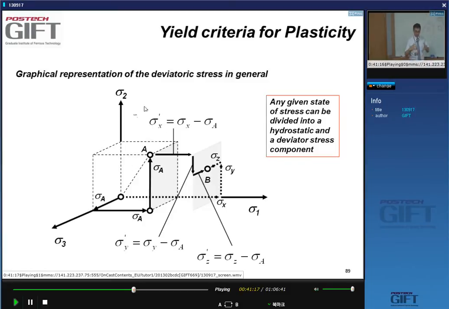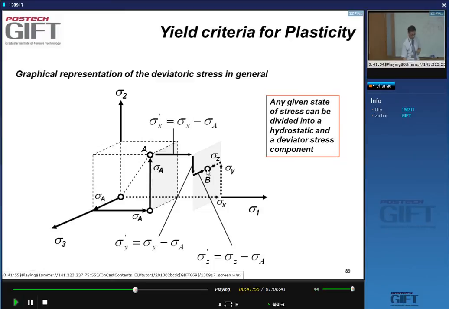And then I have a deviatoric component, sigma x prime, which is sigma x minus sigma average along the X direction, a sigma y prime along the Y direction, and a sigma z prime along the Z direction. And so this vector here that connects A to B, that's the deviatoric stress situation.